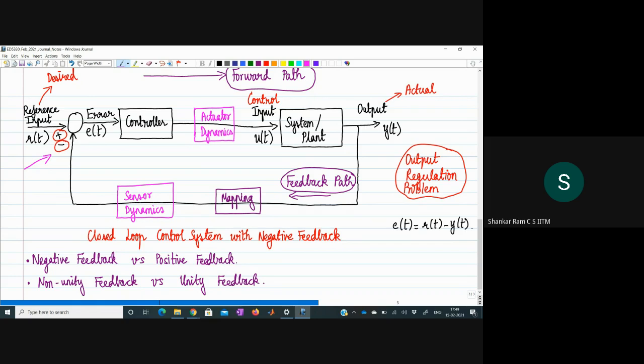Of course, in addition, we may also have disturbances. Let us say we are dealing with this process of steering the vehicle. Suppose there is some side wind, or some road banking angle, which may serve as a disturbance on the system.